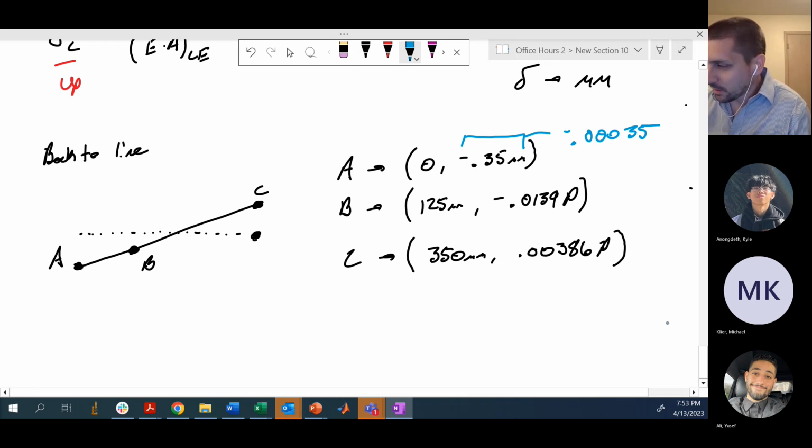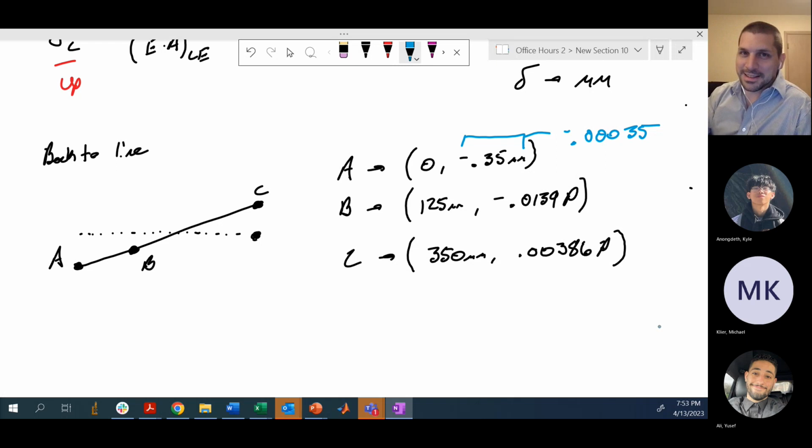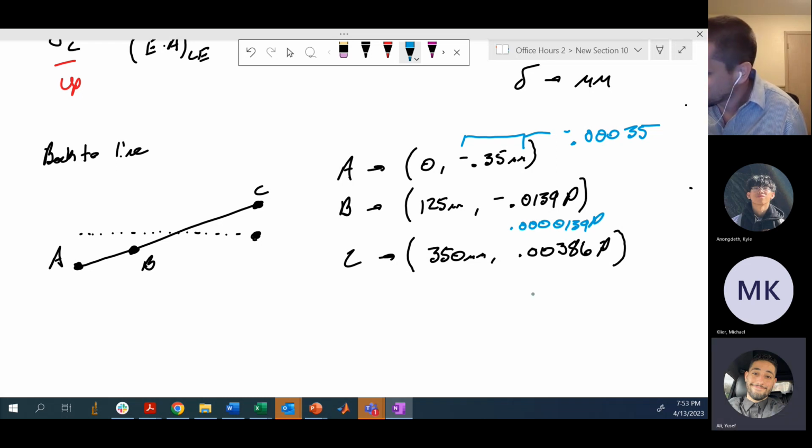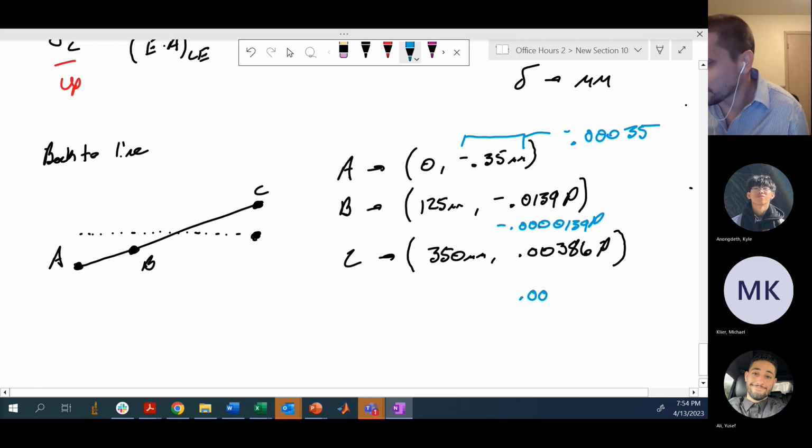Okay. As long as everything is clean and all the units are working out, it should work okay. You would end up with 0.0000139 P here. For B, it's negative 1.388 times 10 to the negative 8. Okay, so you're off by a factor of 1,000 compared to what I have.